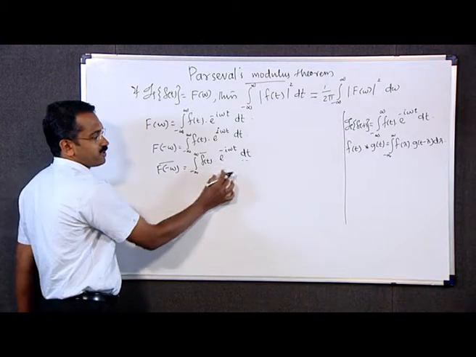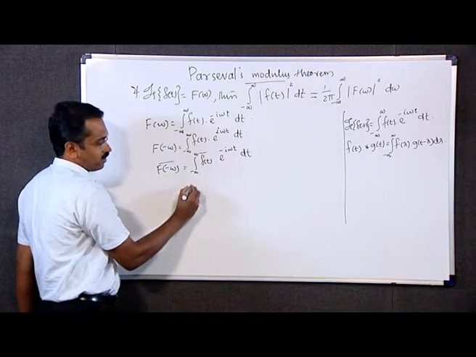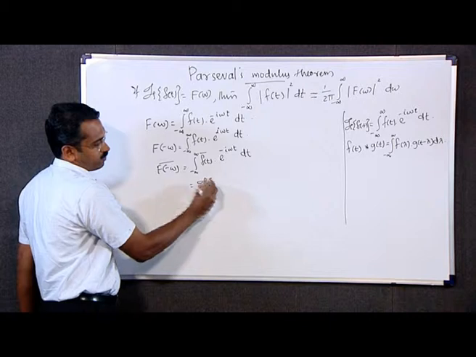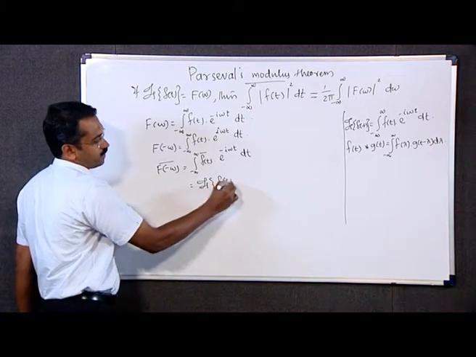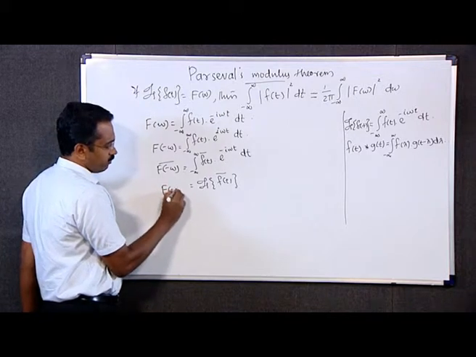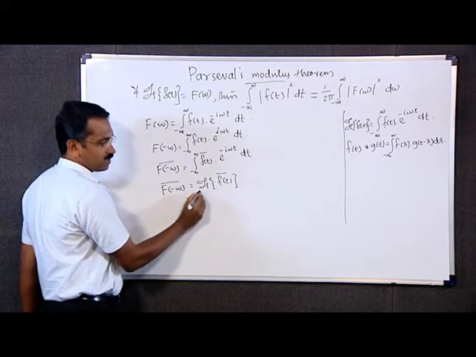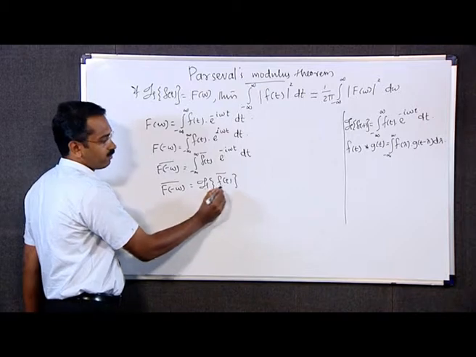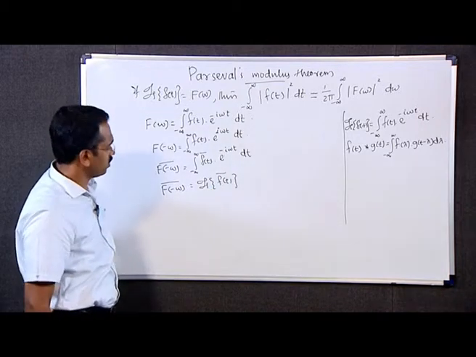We can write this as the Fourier transform of the function f of t conjugate. That is, F of minus omega conjugate is the Fourier transform of f of t conjugate.